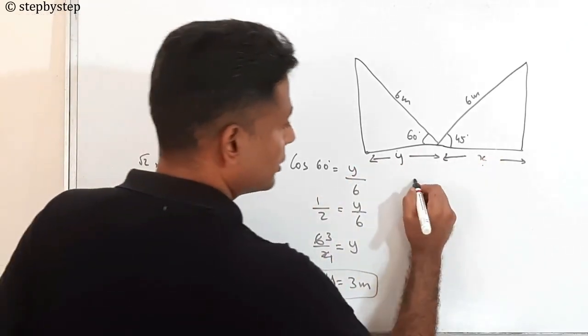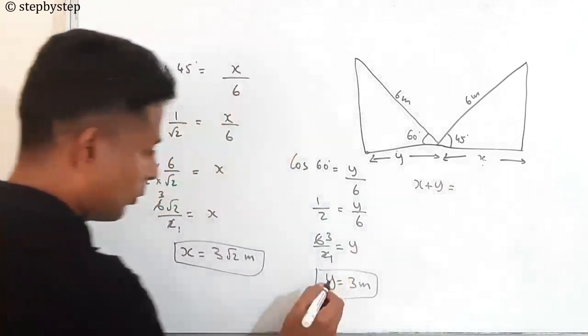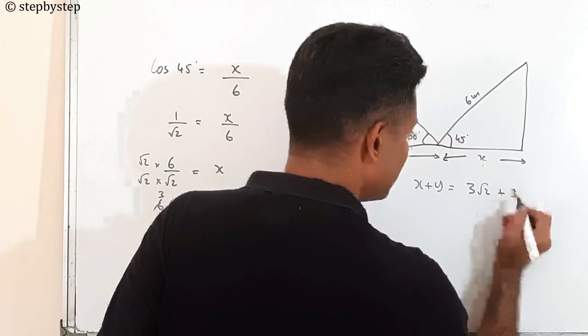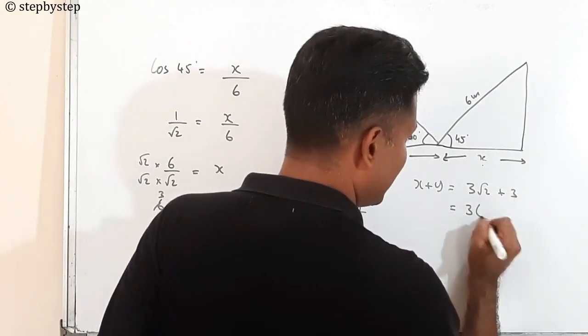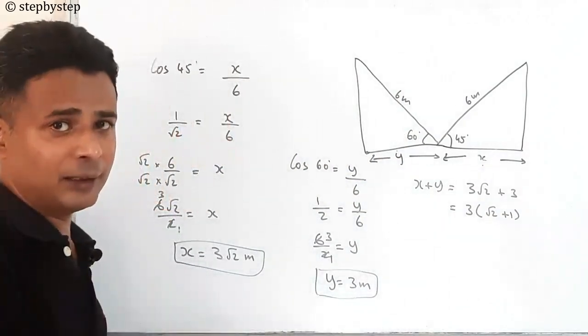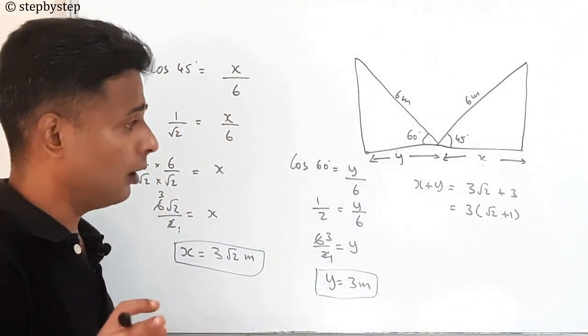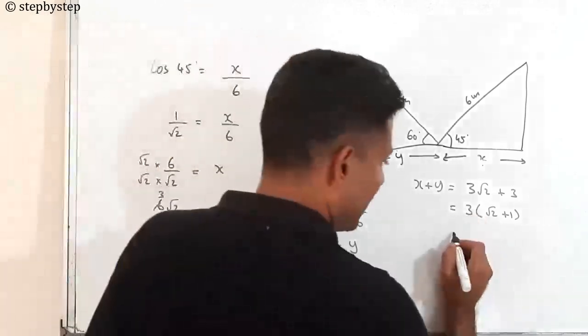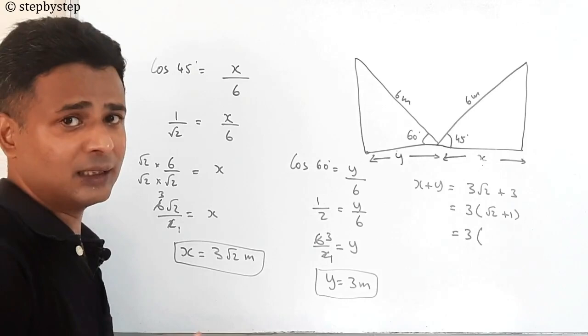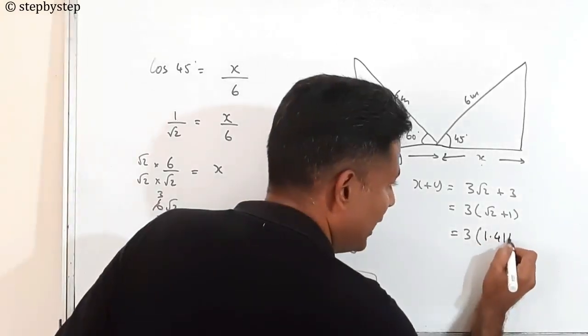This whole thing. So x plus y equals 3 root 2 plus 3. 3 root 2 plus 3. If I take 3 common, I get 3 into root 2 plus 1. You could have left this as the final answer, but you have options in decimals, which means I have to convert this. Now remember guys, root of 2 is 1.414.